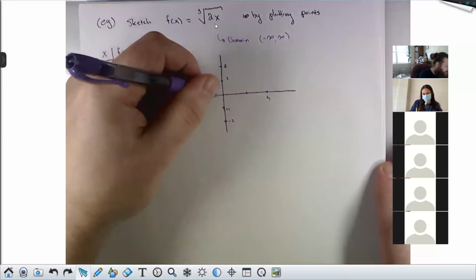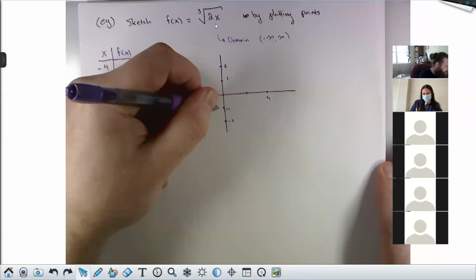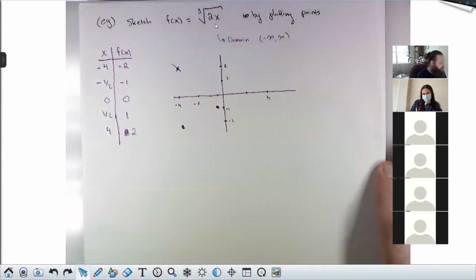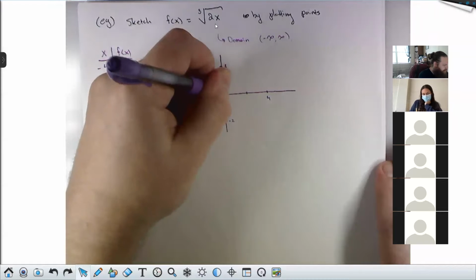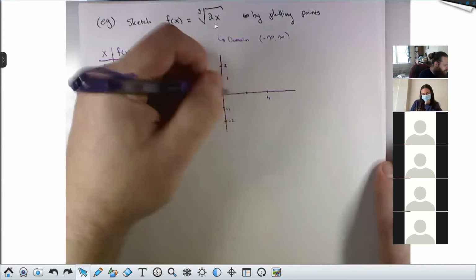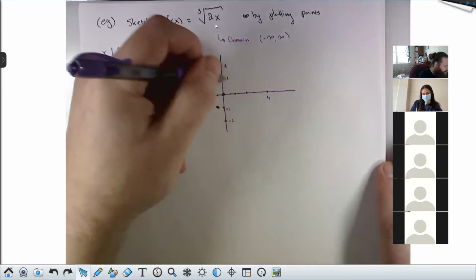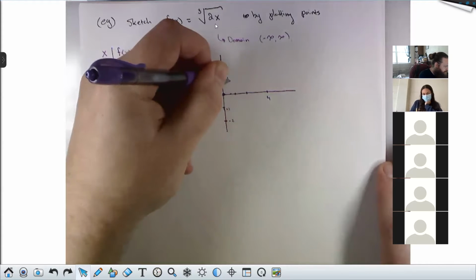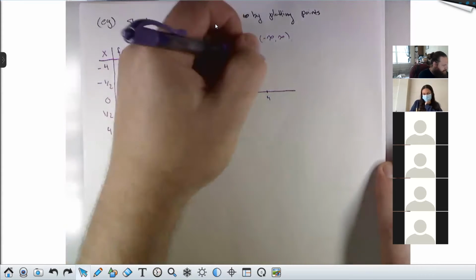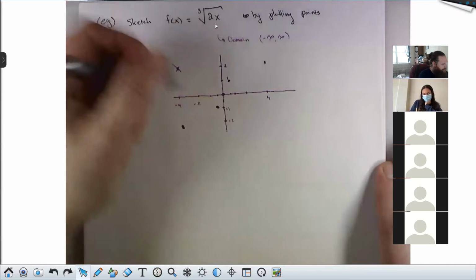So -1/2 is right here. So there's -1/2, comma, -1. 0, comma, 0 is right here. And here's 4, so this is 2, so this is 1. So +1/2, comma, 1 is right here. And then 4, comma, 2 is out here.